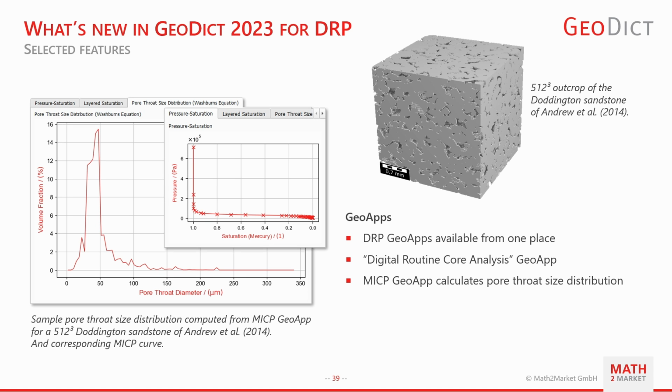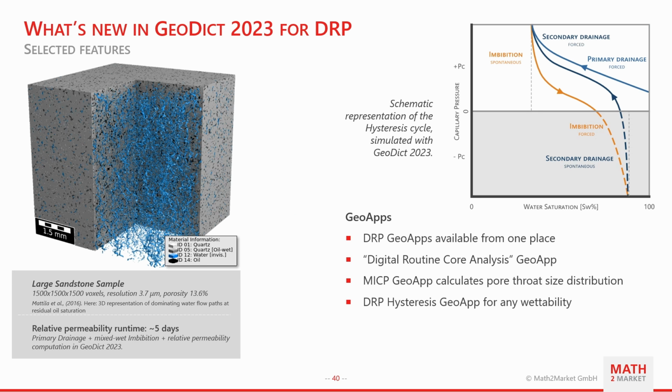The MICP GeoApp now also computes the pore throat size distribution via application of the Washburn equation. So the image here shows a sample result for a 500 cubed Doddington sandstone. The GeoApp Hysteresis for oil water setups replaces the forced imbibition GeoApp.